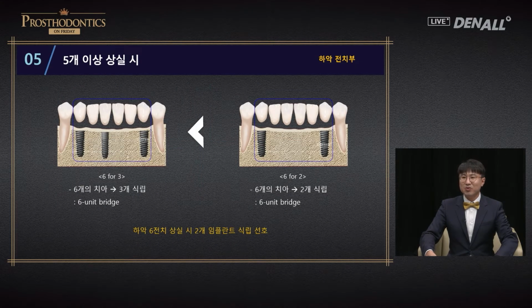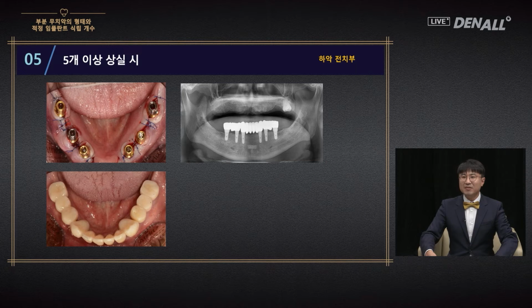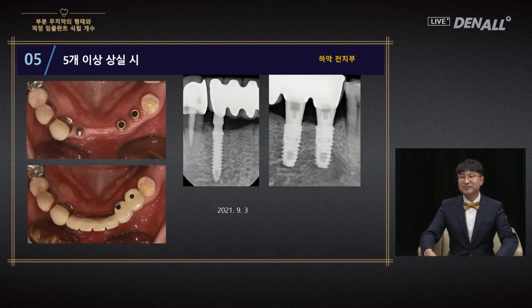Lower anterior, the bone quality is good, and anterior cantilever is not much, so I try to place 2 implants only. Compared with upper, the mesiodistal distance is short, and cantilever amount is limited, and therefore 2 implants would suffice. If, as shown, there are no teeth up until the premolar, I try to limit the necessity of increasing cantilever by placing 3 implants.